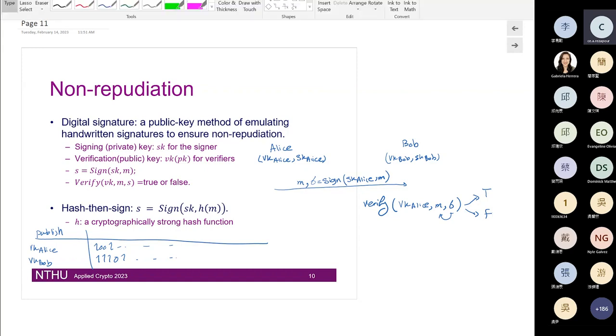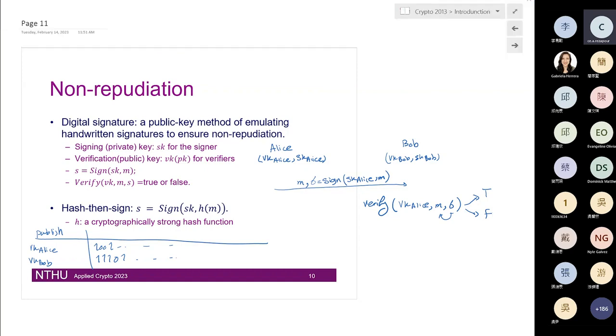We have another concept, let me change my color, of hash then sign. Do you know what happens if I just continue with this idea of signing the message directly? Anyone want to point out what happens? It seems that people are suggesting to hash the message before you sign it. Why not just sign the message itself?